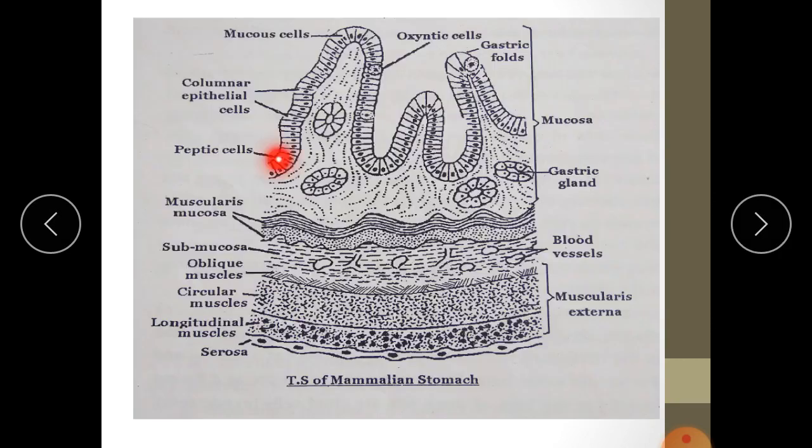So this is surface epithelium. Can you see here? Surface epithelium. This surface epithelium covers the internal surface of the stomach and the gastric pits also. They contain somewhat columnar cells. Some of them are mucus secreting cells, oxyntic cells.